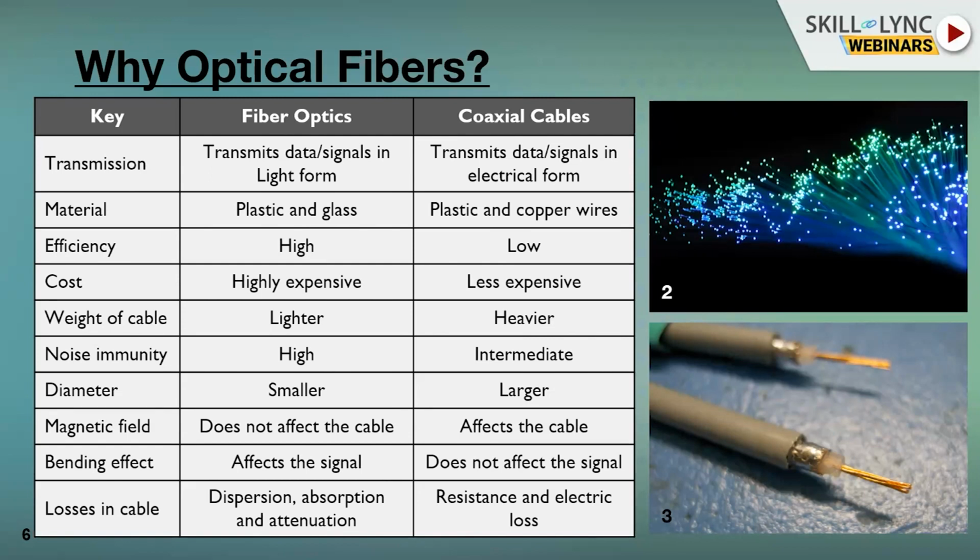If you talk about efficiency, fiber optics have higher efficiency and are very light in weight, and the diameter is small. Whereas when you compare to normal metal cables, the efficiency is low because you have a lot of electromagnetic resistance.